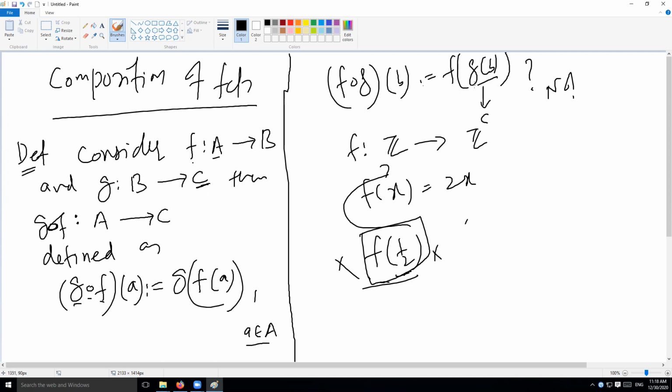The answer is not necessarily, because the domain of f is A. So if f is a map from A to B and g is a map from B to C, then only g composition f makes sense. f composition g does not necessarily make sense.